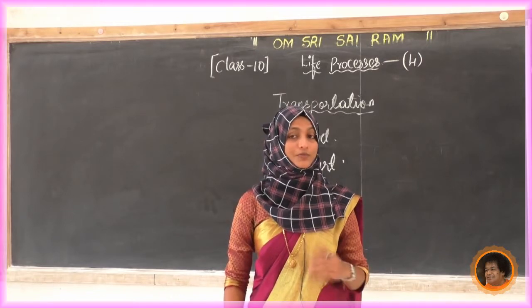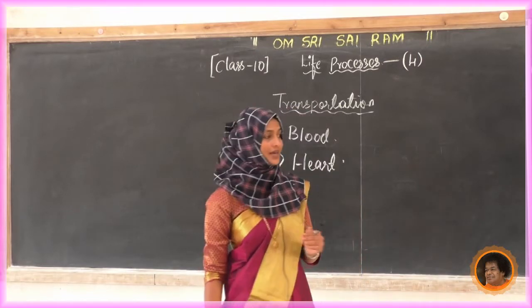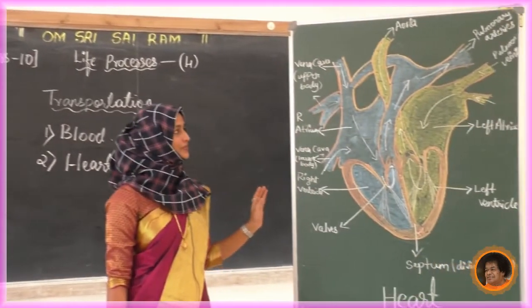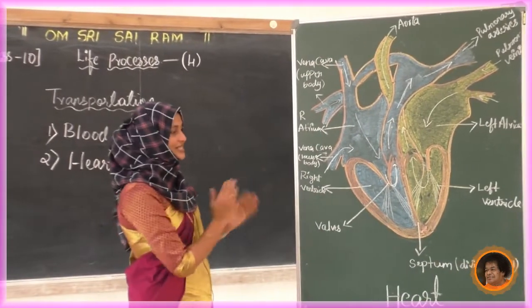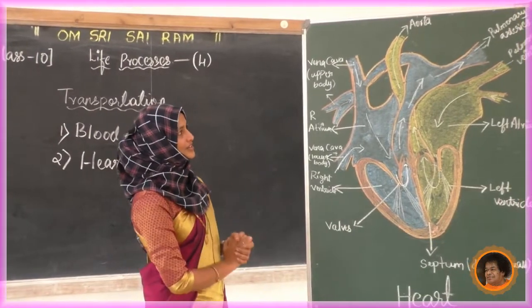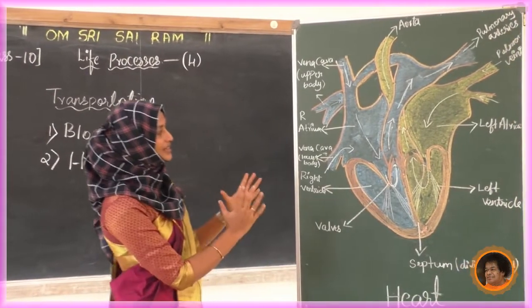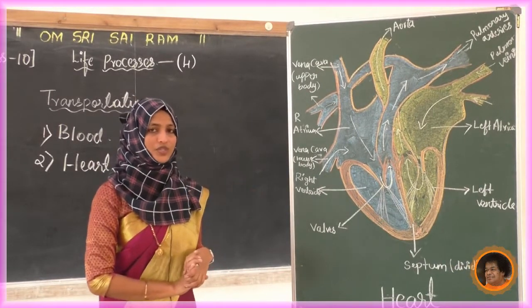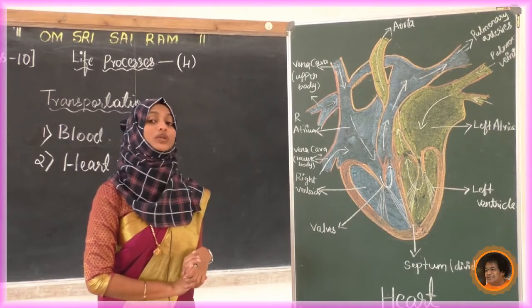So let us observe the diagram of the heart. See, this is a diagram. It is not so neat, but I have drawn a diagram. Observe this, students. Carefully observe and try to name the parts.